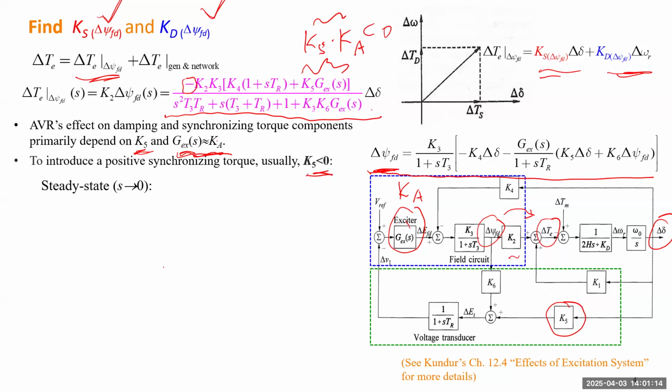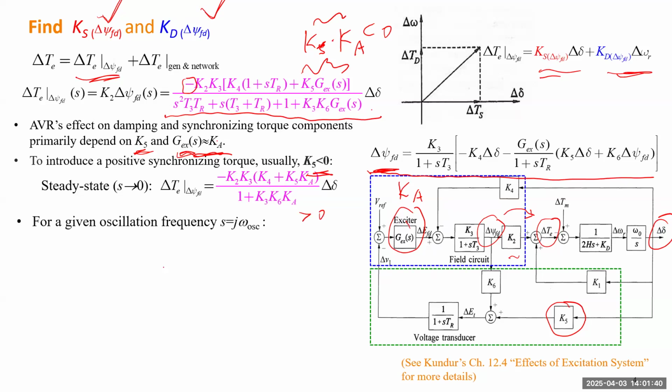And because Ka cannot be negative, K5 has to be negative. If K5 is negative and under steady state condition, that transfer function will become this one. So we just let s be 0, and this one has to be positive.